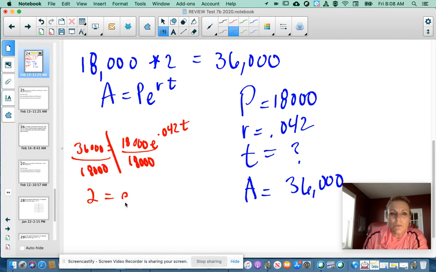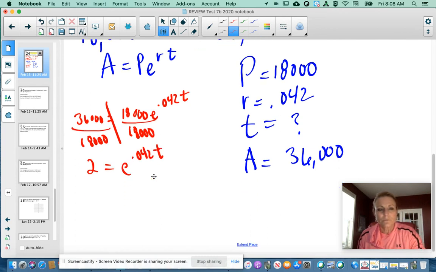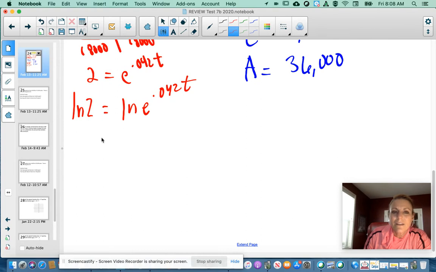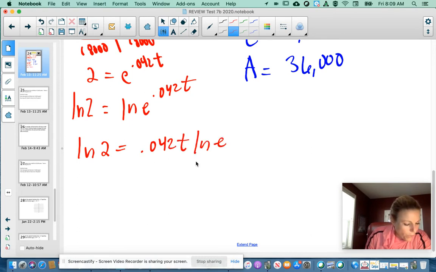So 2 equals e to the 0.042t. Now I'm going to ln the left side. I'm going to ln the right side. Perfect. Baseball. ln of e, that's 1.